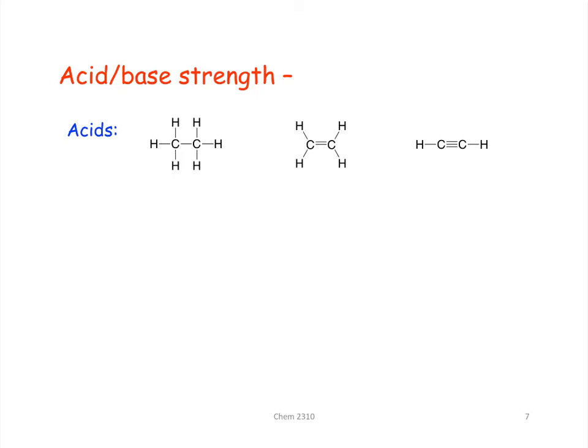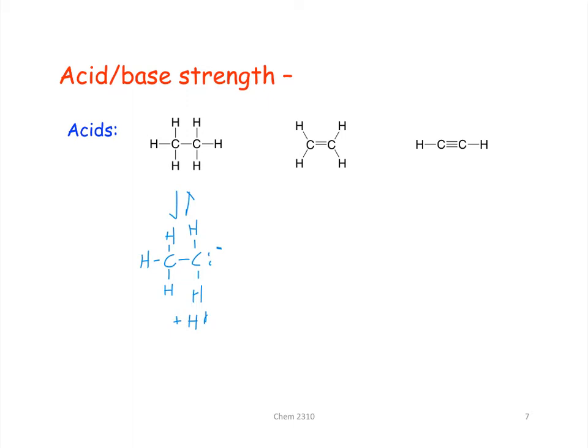All we have to do is remove a hydrogen. In each case, all of the hydrogens are the same, so we just have to pick one. I'm just going to pick the ones on the right side. So H plus will leave, and the pair of electrons stays. So we have this carbanion.